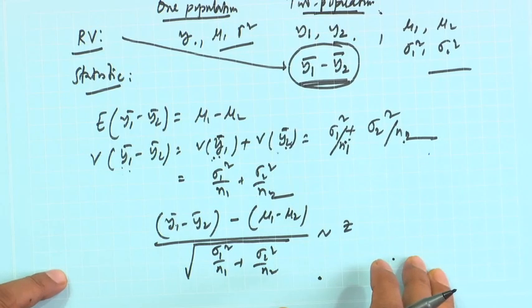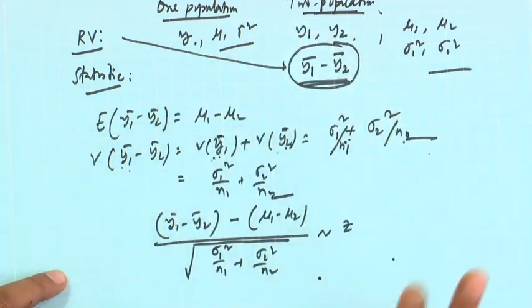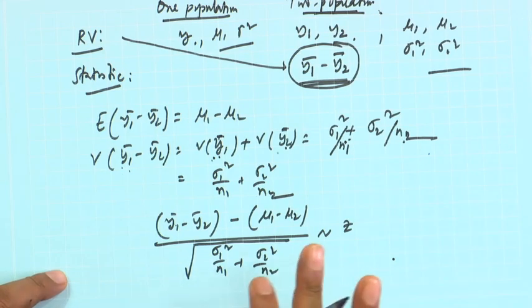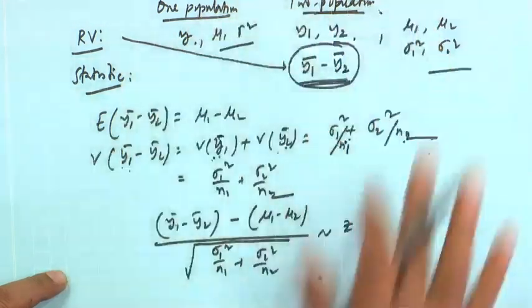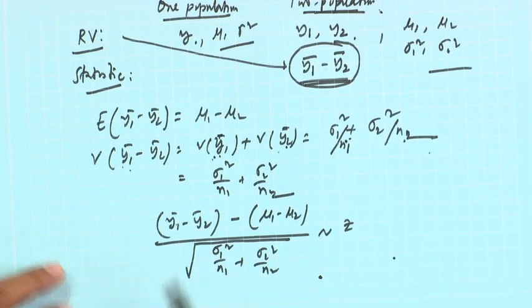For small sample size, it follows if sigma 1 and sigma 2 are known and both populations are normal. And then using the concept of the confidence interval, the probability that this value lies within the lower limit and upper limit will give you the interval.